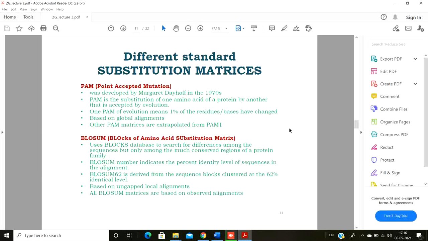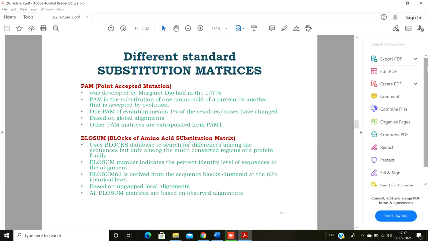A similarly charged amino acid substituted by a similarly charged amino acid, or an amino acid of similar chemical nature substituted by one of similar chemical nature, is going to have a very small penalty. For example, if histidine is mutated to arginine, that is going to have a score of 2, because that's not a huge change.